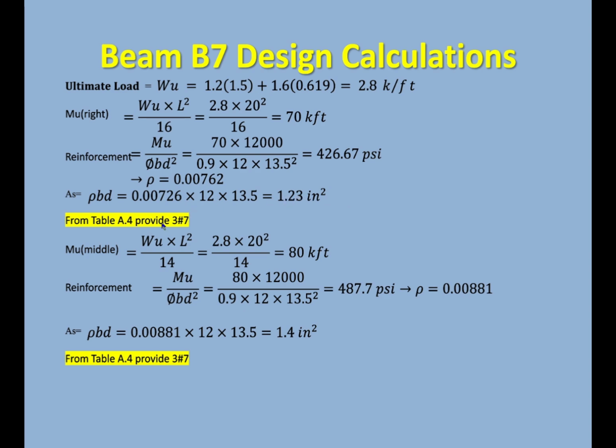And after that, from table A4, we chose to provide 3 bars number 7, and then we calculated the middle moment of the beam, and it has its own formula as well.